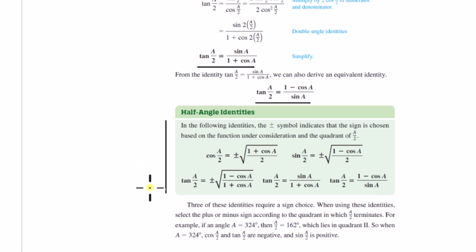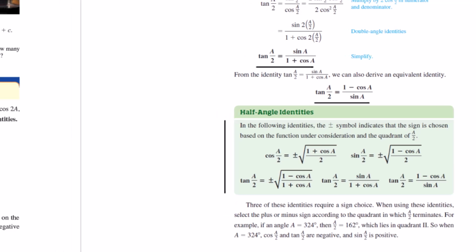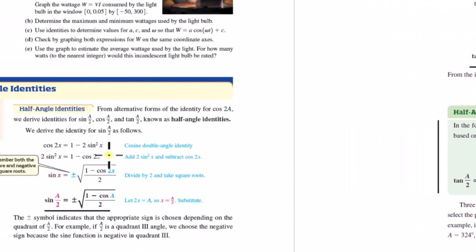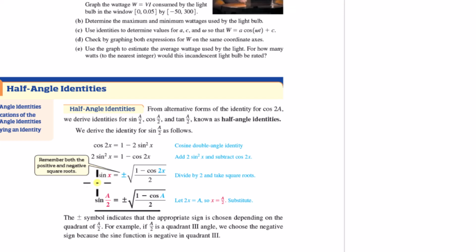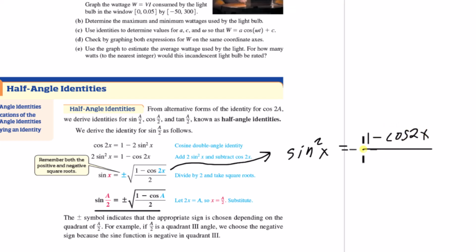So, okay, if we come here, let's say we're at this step. From this step, instead of doing what the textbook did, let's square both sides. So, all right, what happens is we get sine squared of x is equal to, and now there's no more plus or minus, and we just get rid of the radical because we're squaring both sides. 1 minus cosine 2x over 2.